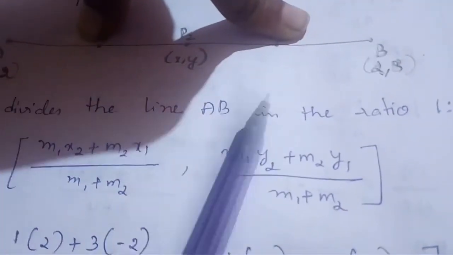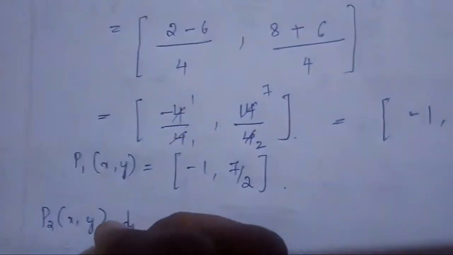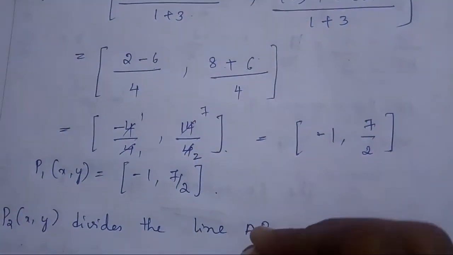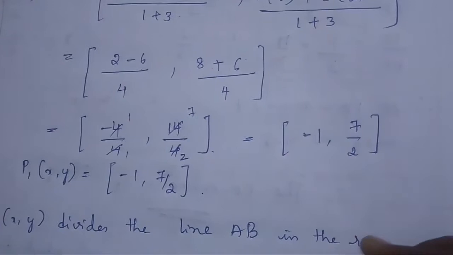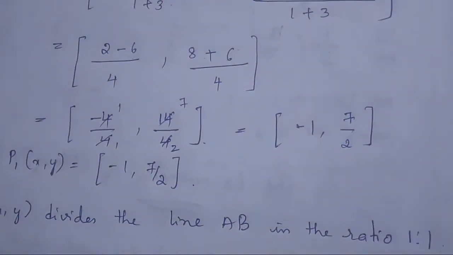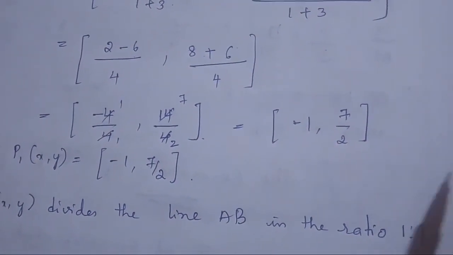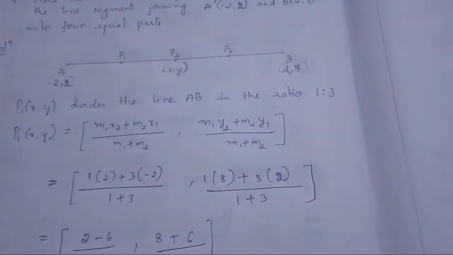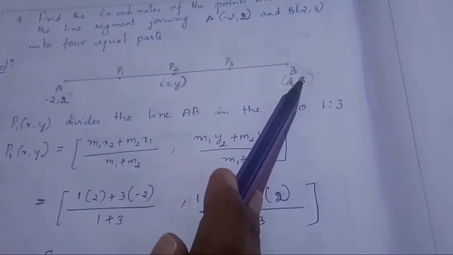That is P2 of x, y divides the line AB in the ratio 1:1. If I take a ratio, it will be 2:2. Then we remain with 1:1 only, because the 2s get cancelled. For this I can apply the midpoint formula, because P2 is the midpoint of the line segment AB.